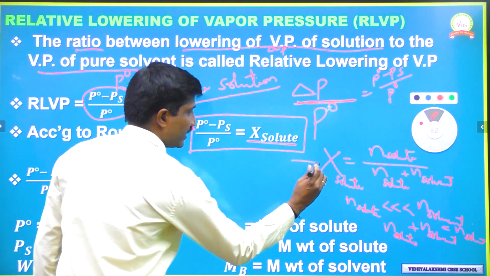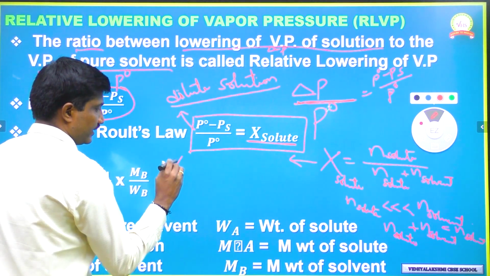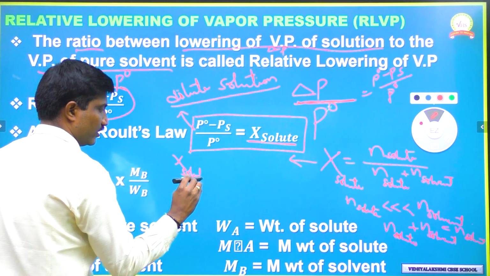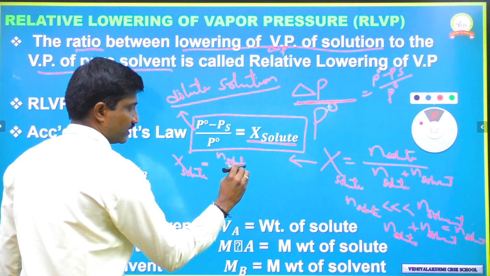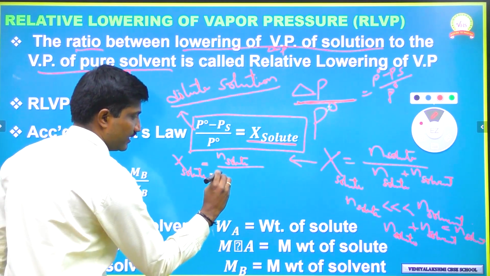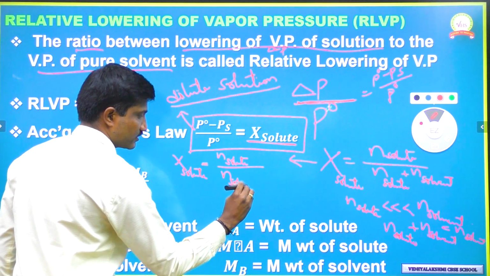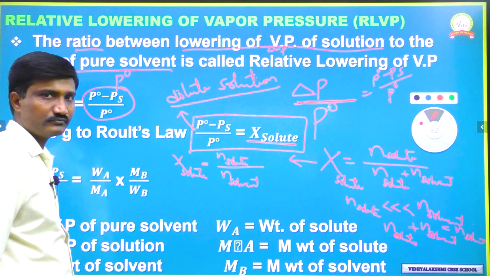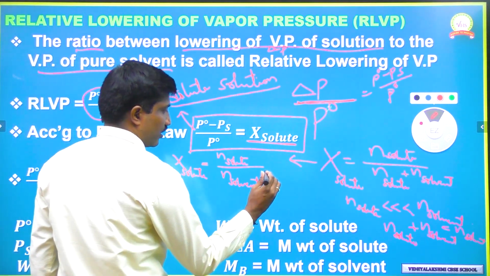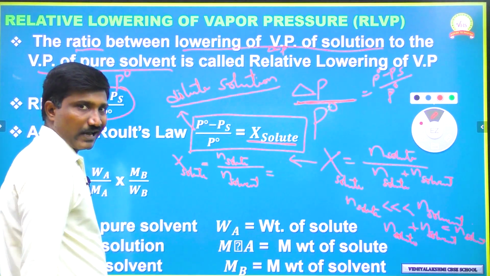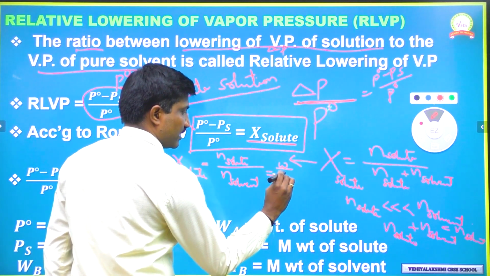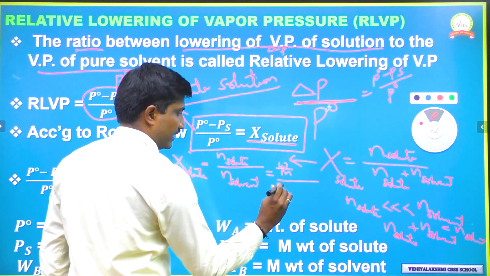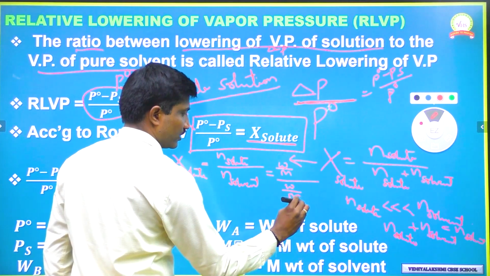So we can rearrange this as X solute is equal to n solute, the number of moles of solute, divided by the number of moles of solvent. According to the formula, number of moles is nothing but weight by molecular weight, and here also weight by molecular weight.